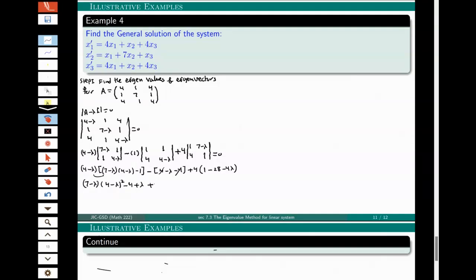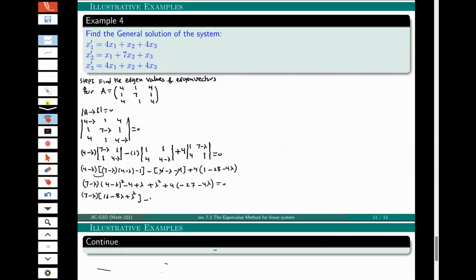And here I get now plus lambda squared, and here I have 4 times minus 27 minus 4 lambda equal to 0. Now this will be 7 minus lambda, and that will be first squared, which is 16 minus 8 lambda plus lambda squared.